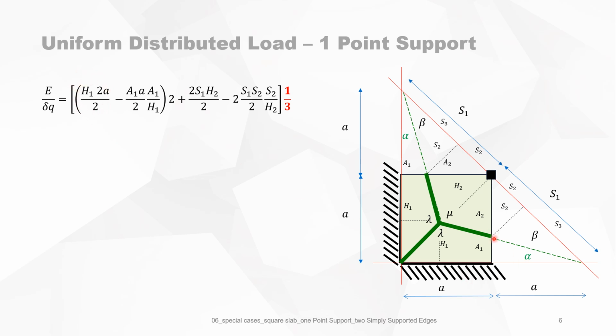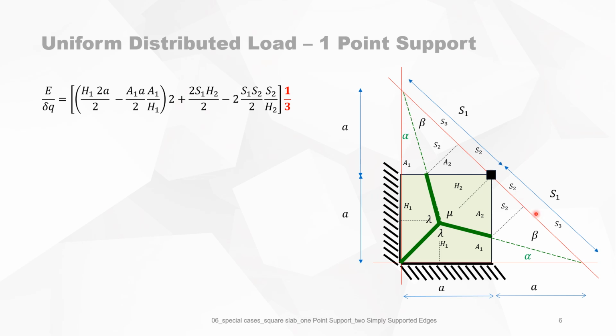But we have to subtract this portion outside the slab. So we subtract A1 times A divided by 2, multiplied by the maximum deflection here, which is of course A1 divided by H1. And that's this term. We got it 2 times because this triangle is equal to this triangle.